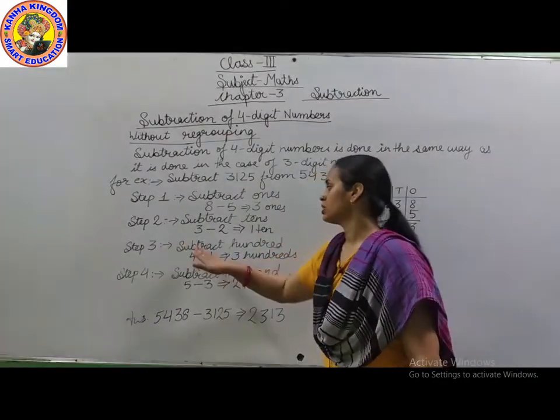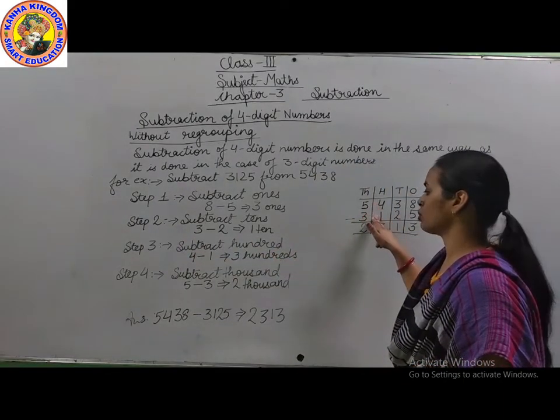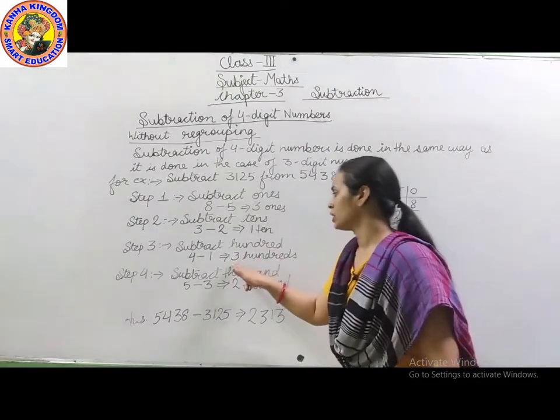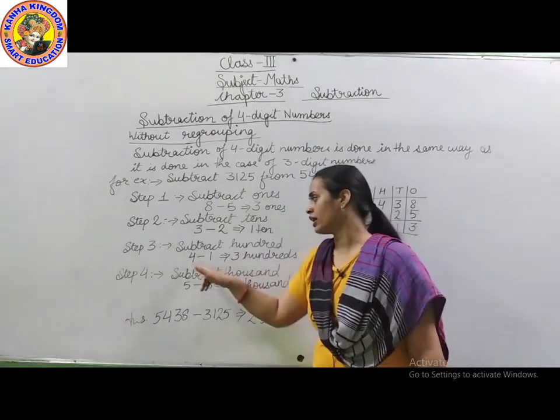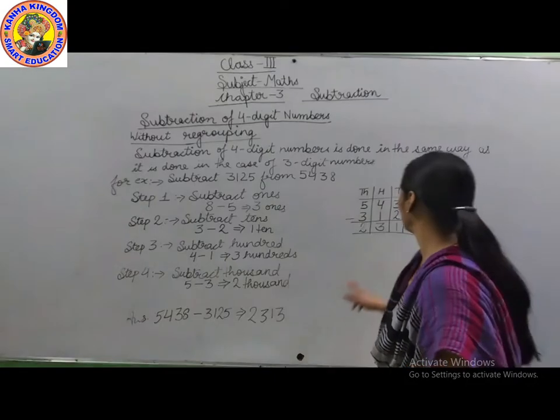Next step, subtract hundreds. 4 minus 1 equals 3, so 400 minus 100 equals 300.